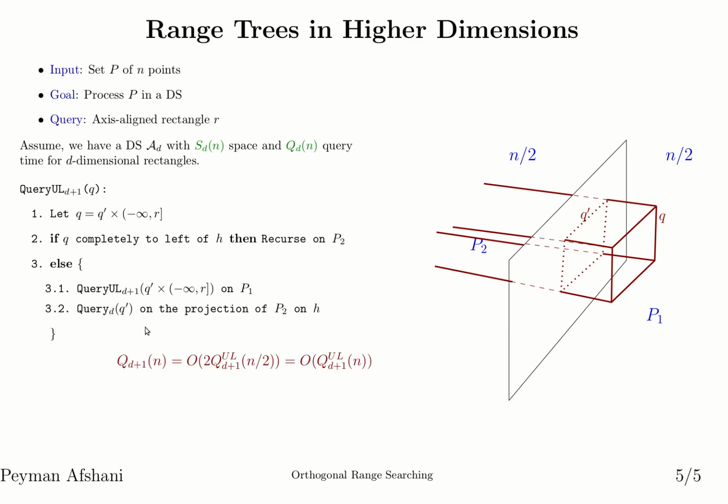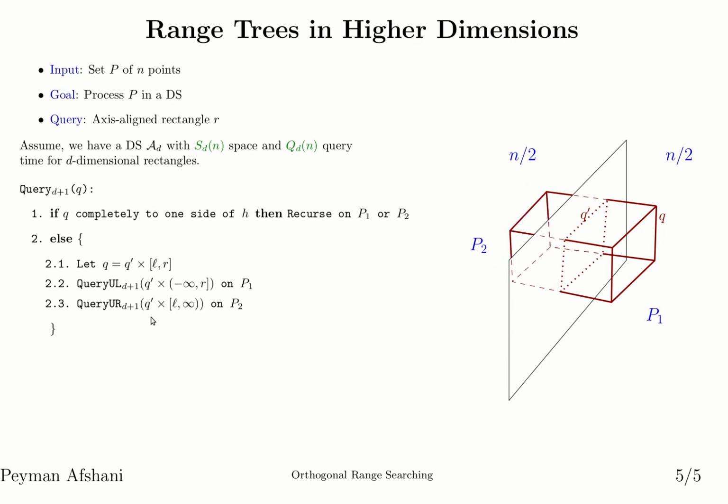Okay, let's analyze this. The interesting case is when the d plus 1 dimensional query decomposes into two unbounded queries. So if I go back here, case 1 when you answer a d plus 1 dimensional query is uninteresting, because you just spend constant time and recurse on a point set that is half the size.